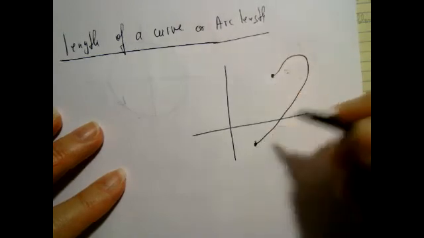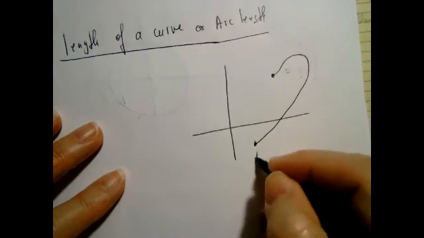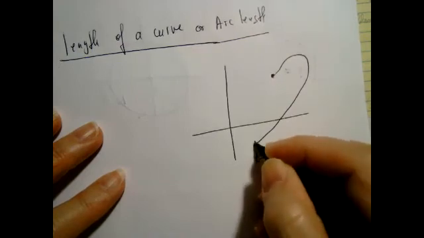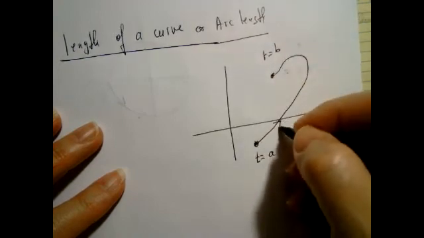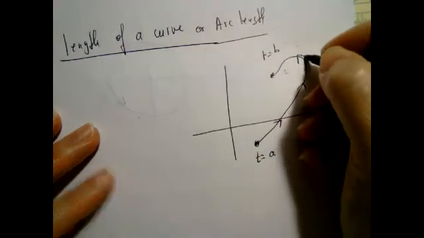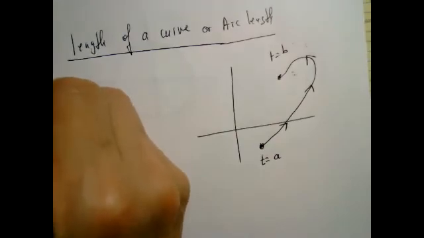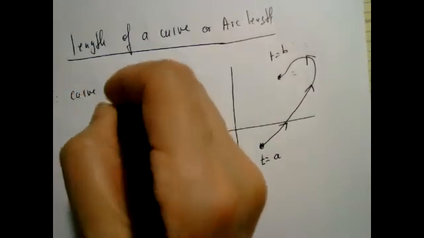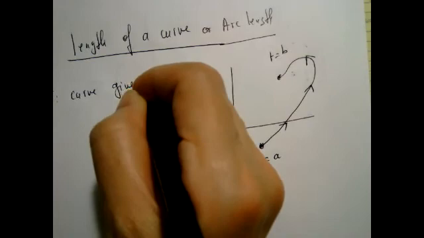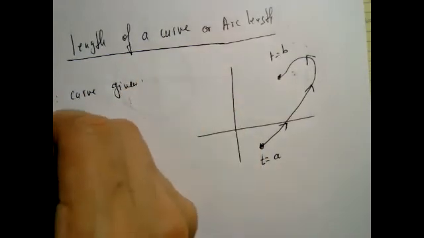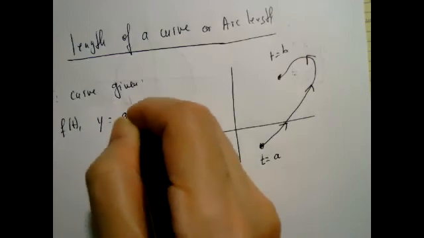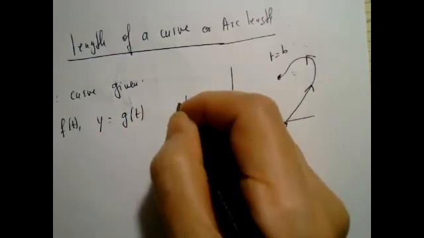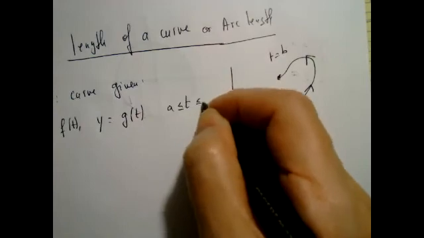So this is my curve. At t equal to a, we are right here. At t equal to b, we are right here. And that's the curve. So suppose C is a curve given by x a function of t, y a function of t, and t between a and b.